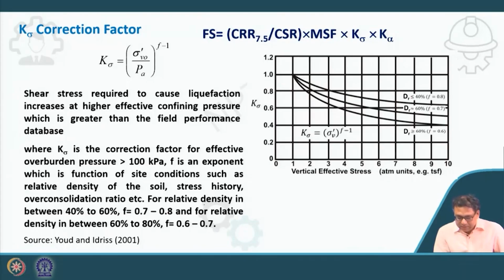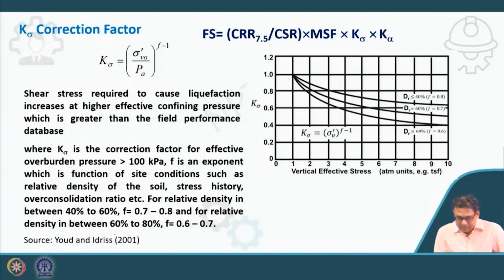If the relative density is between 40 and 60, F is 0.7 to 0.8, and if relative density is between 60 and 80, F is 0.6 to 0.7.